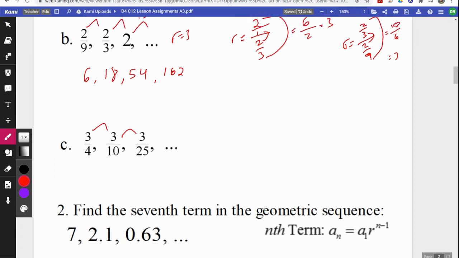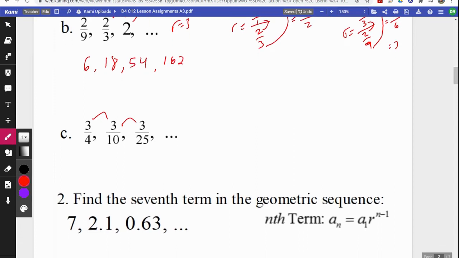So you could think, well, fraction multiplication, the 3 is staying the same on top. So if I multiply by something, it could be a fraction with a 1 on top. But then we need to know what the denominator is. 4 is changing into 10. That's not as easy to figure out, but we could always just use the same process of dividing a term by its previous term to find the common ratio if we know it's geometric.